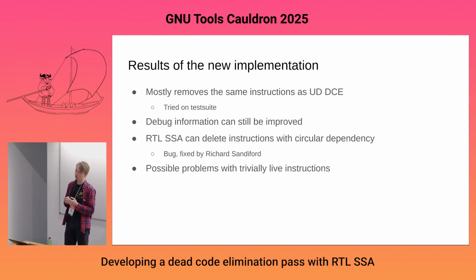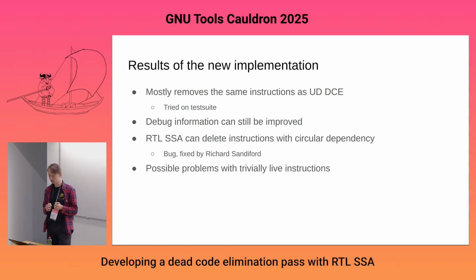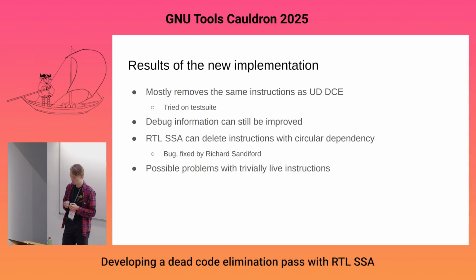The results of our new implementation are that we can mostly remove the same instructions as the useDef dead code elimination. We tried that on GCC's test suite, and it removes nearly the same instructions.